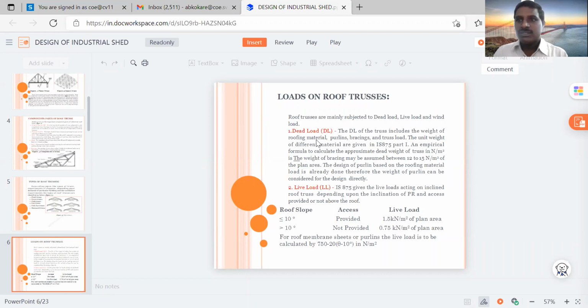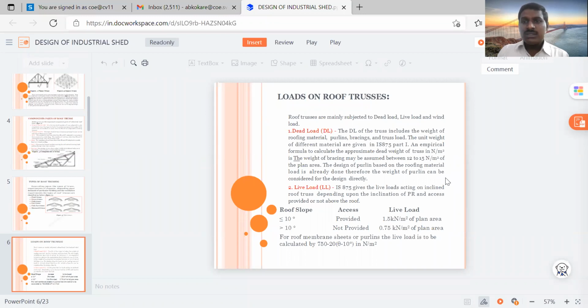So roofing material: we have AC sheets and GI sheets available in the market. We can take the load of the particular AC sheet or GI sheet in Newton per meter square. Then purlin, we can calculate the load in Newton per meter square, and also bracing and truss. So these four loads we have to take as dead load.